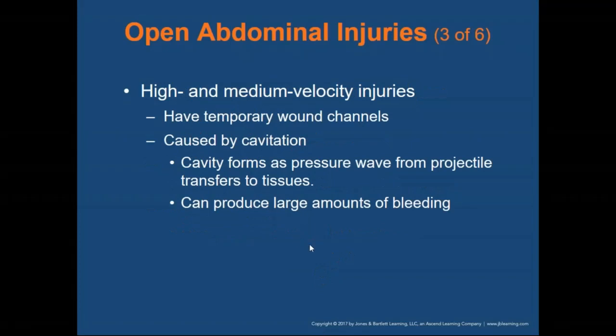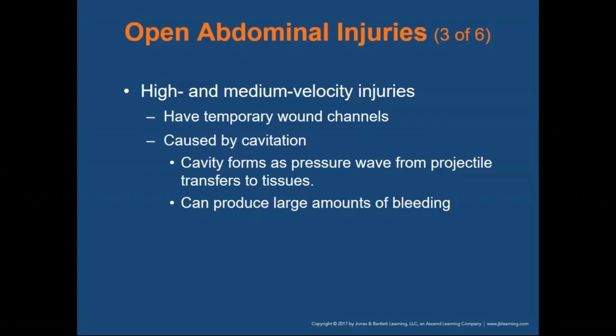High velocity and even medium velocity cause temporary cavitation. That is when the pressure wave that travels with that bullet, that energy after that round penetrates the body, spreads tissue apart. It tears it, it rips it, it sometimes just flat obliterates it, almost kind of explodes it, and then that tissue comes back together.